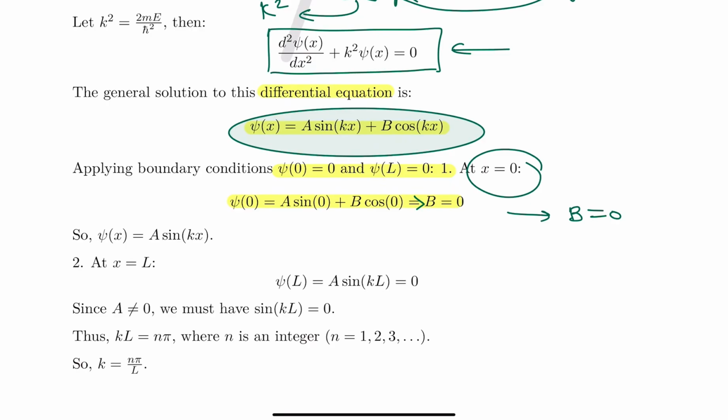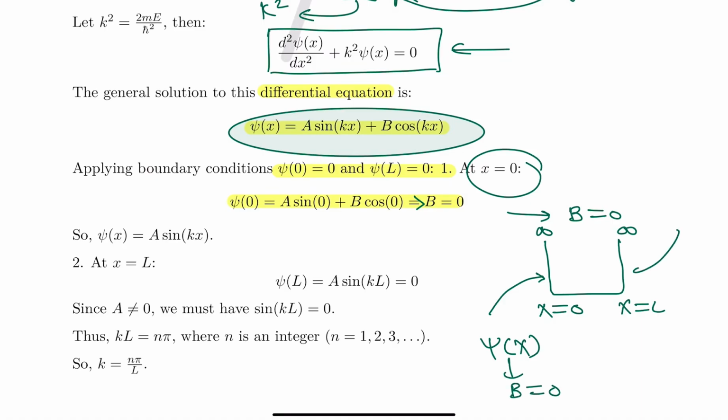Now, because we have two boundaries, this is the potential well, this is infinity, this is infinity, this is x equals 0, this is x equals L. We have computed psi of x here, and we got that B equals 0.